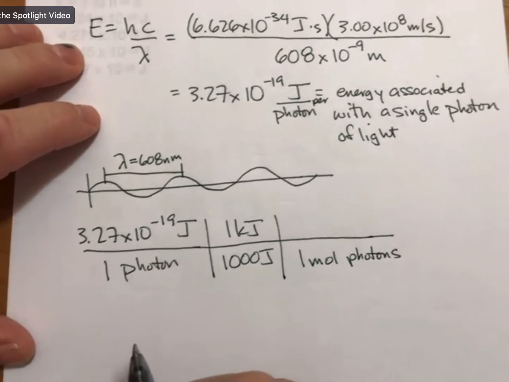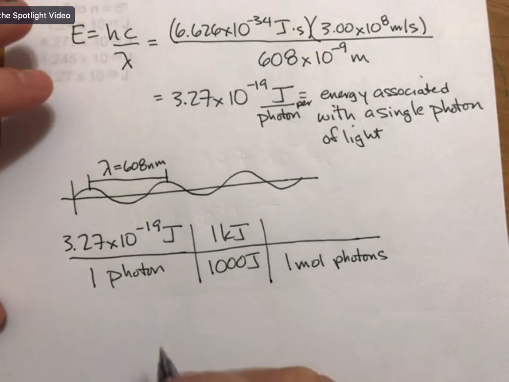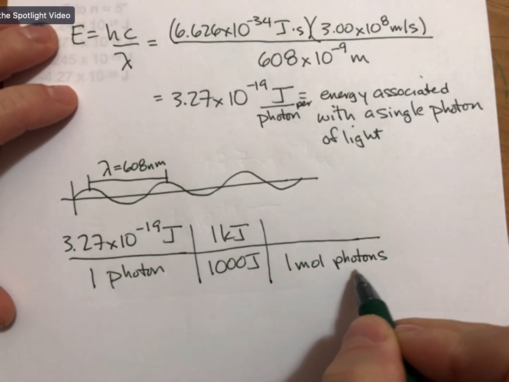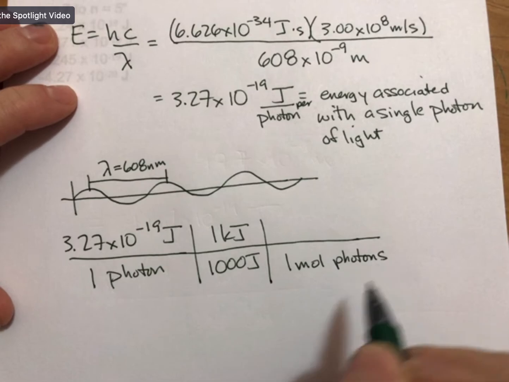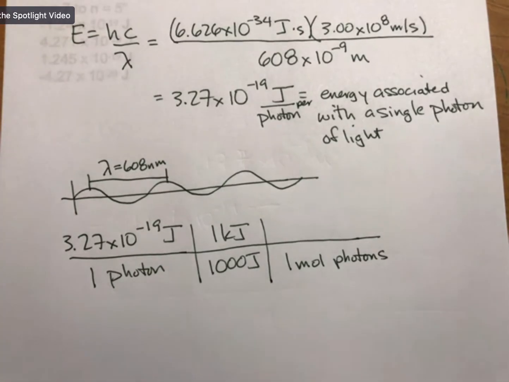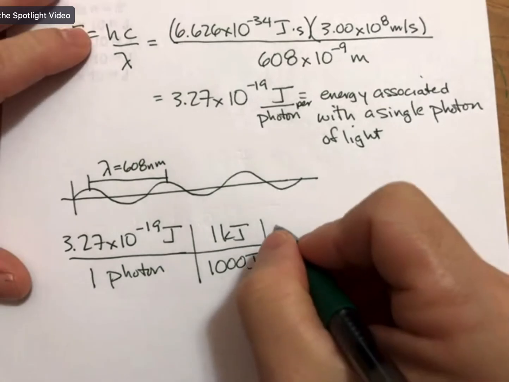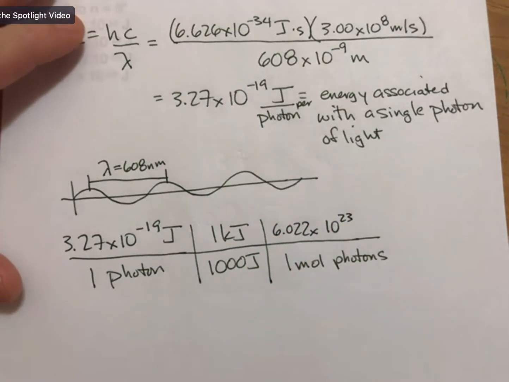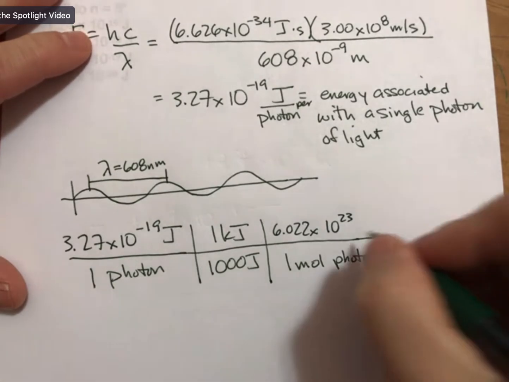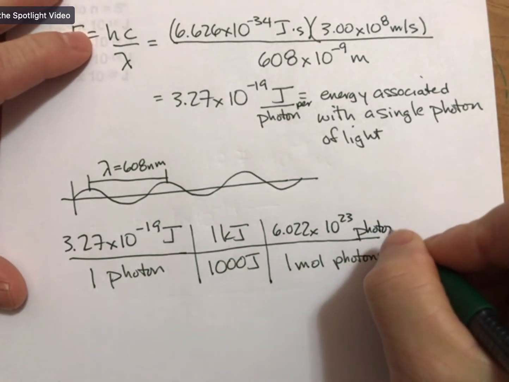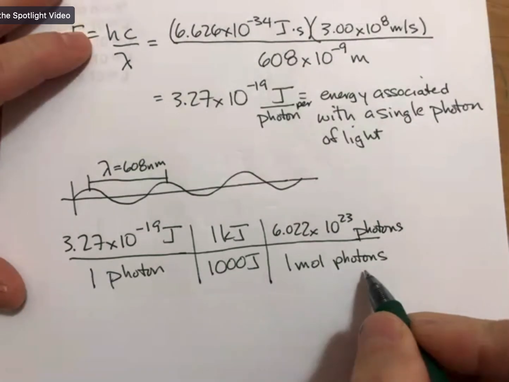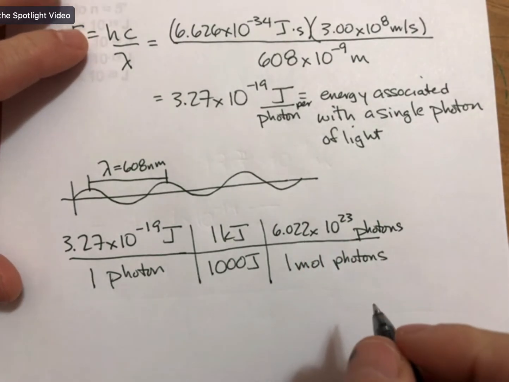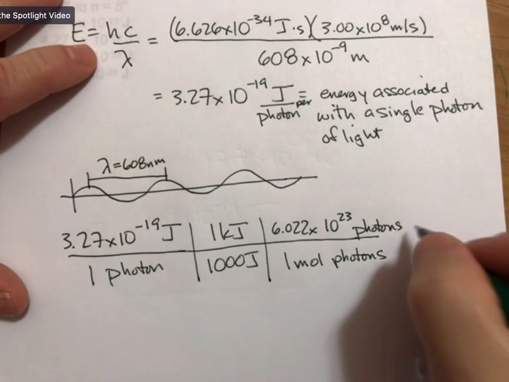And here's where we retouch base with Avogadro's number. So 1 mole of anything, including photons, atoms, or ions, is 6.022 times 10 to the 23rd of that thing.